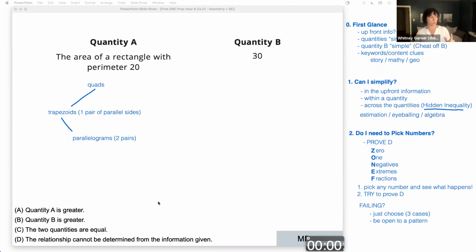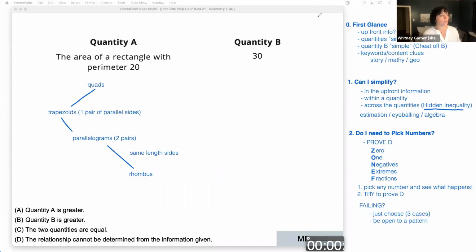It's just a trapezoid where both opposing sides are parallel. Now, if my opposing sides are parallel and they're all the same length, I have what's known as a rhombus. That's like the square that's tilted.